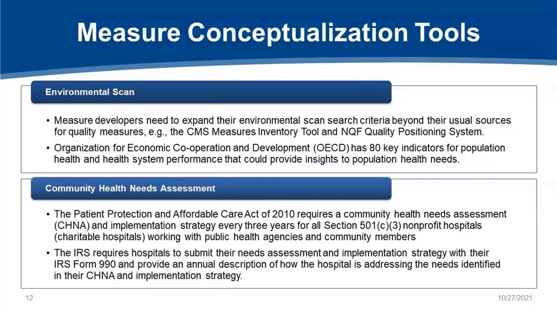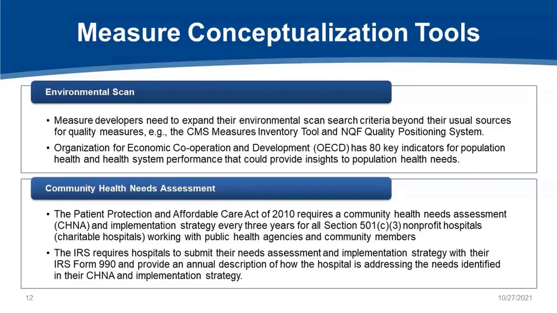It's a crucial part of any measure development effort, but it's important to note that for population health measures, developers may need to expand their environmental scan search criteria beyond their usual sources. So, for example, we typically look at the CMS measures inventory tool, that's CMIT, or the NQF quality positioning system to look for existing measures. But when thinking about population health measures, developers might need to look to CDC public health indicators or OECD indicators for population health and health system performance to identify gaps in population health measurement.